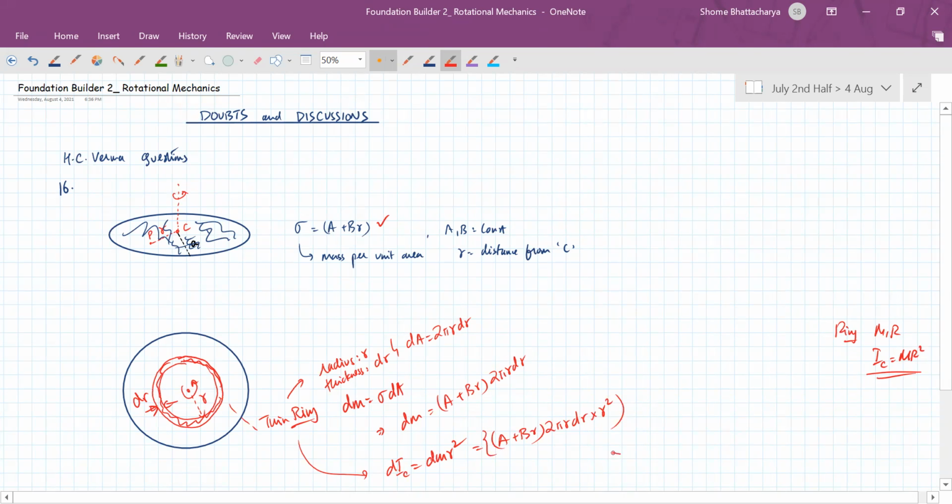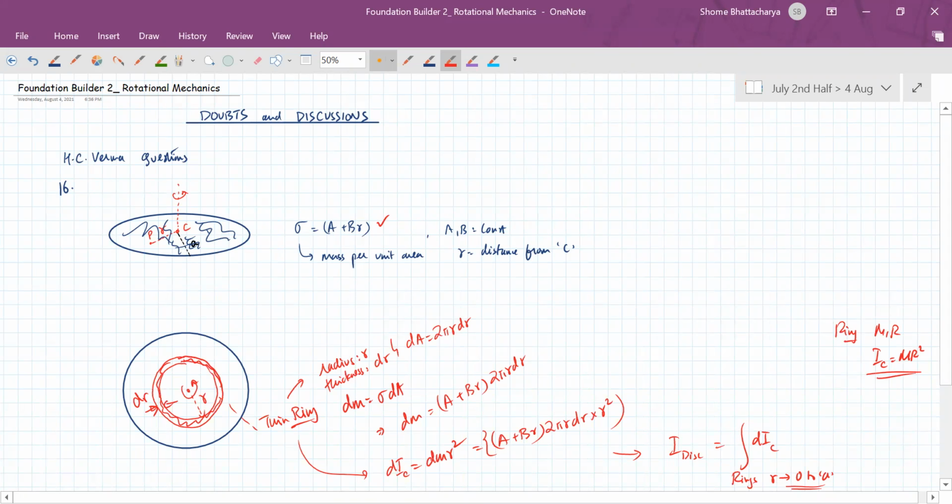So now the moment of inertia of the whole disk will become the integrated sum of the moments of inertia of all rings, for which the radius ranges from 0 to small a. You have to put that as the limits. So just note down this much and try to work out the integration yourself once.